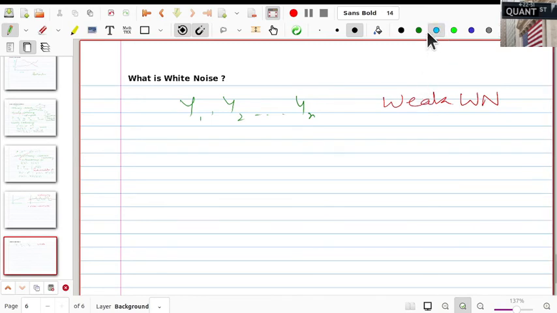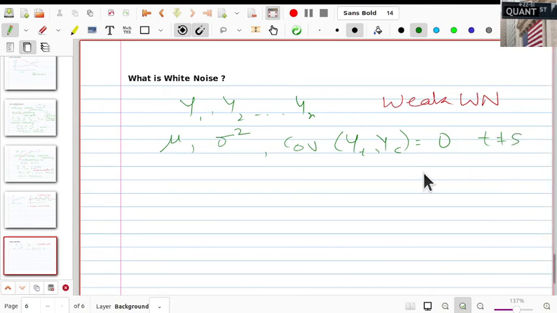Weak white noise is a process where the expectation of yt is mu, the variance is sigma square, and the covariance of yt and ys is 0 and doesn't depend on any function or any difference or lag between t and s.